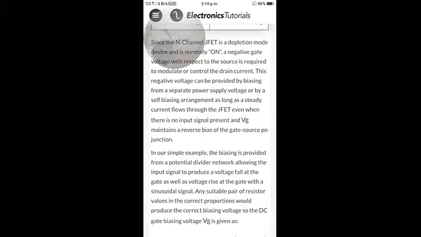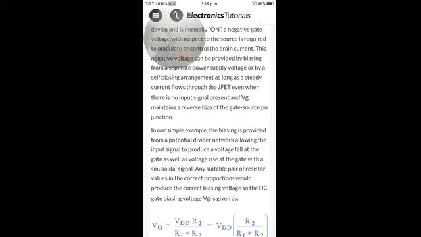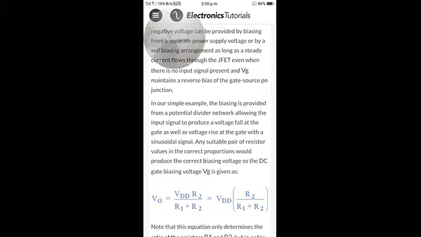voltage. So the DC gate biasing voltage Vg is given as here. The gate voltage Vg is VDD into R2 by R1 plus R2. So this forms a voltage divider circuit.